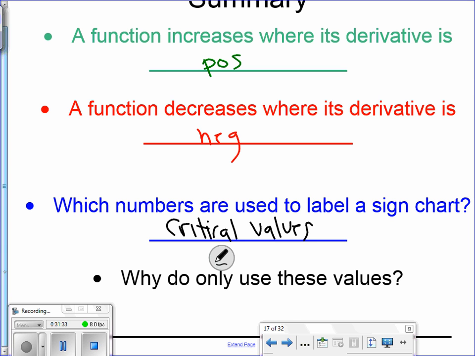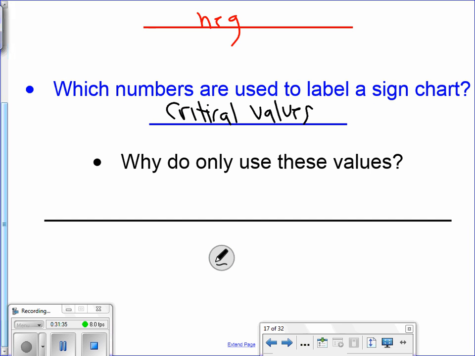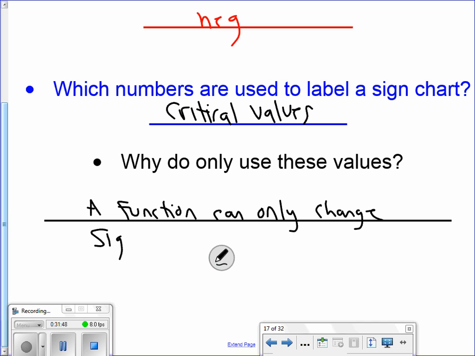And why do we only use critical values to label sign charts? Because a function can only change sign at a critical value. Okay. And that is the end.